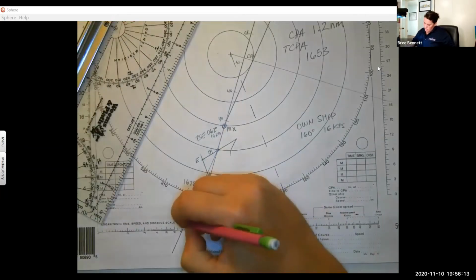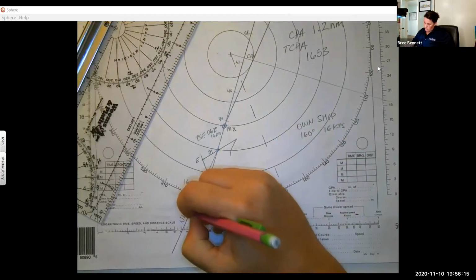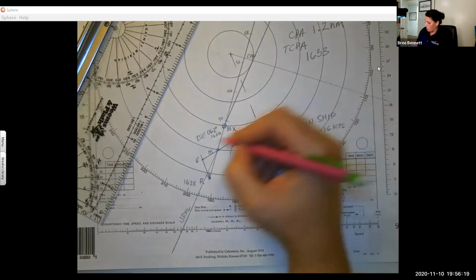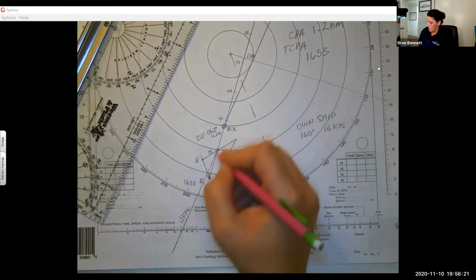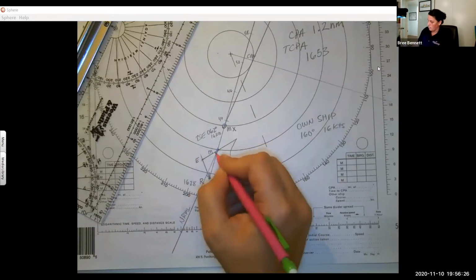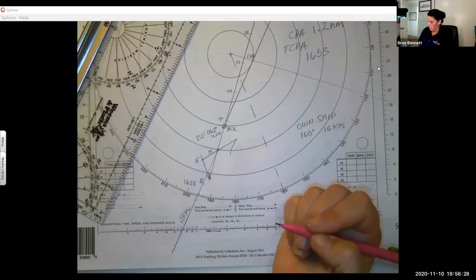So this is my new relative motion line. So I want my R to be somewhere along this line. My E to M doesn't change, my R will.